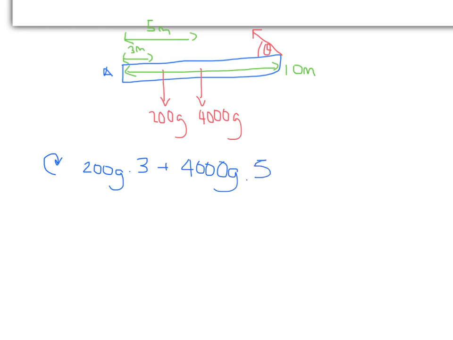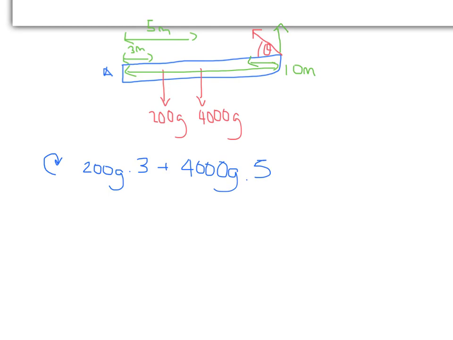Now the tension of the rope is going to have two components, a component in that direction and a component in that direction. So the vertical component is going to have a counterclockwise moment, so we're not going to consider that. And the horizontal component has 0 perpendicular distance between it and the A, so that's not going to have any effect at all in this problem.